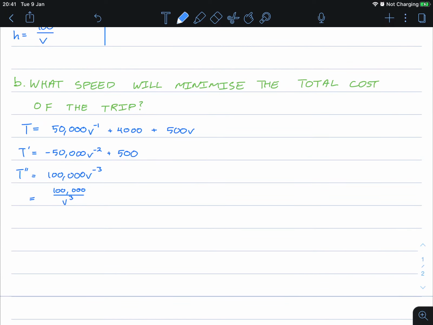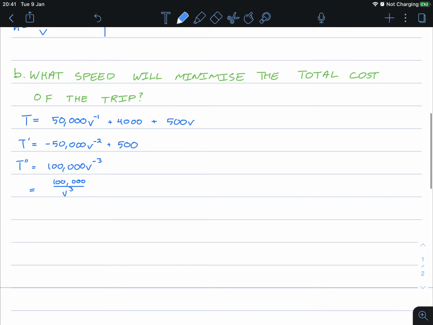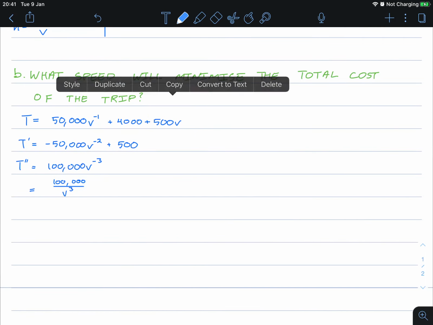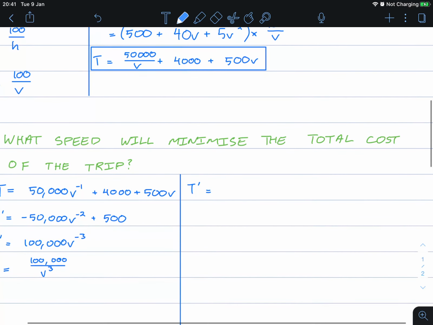There we are. So for this now, we need to find stationary points. So let's find our first derivative. So here's my first derivative. T prime is equal to negative 50,000 on V squared plus 500.